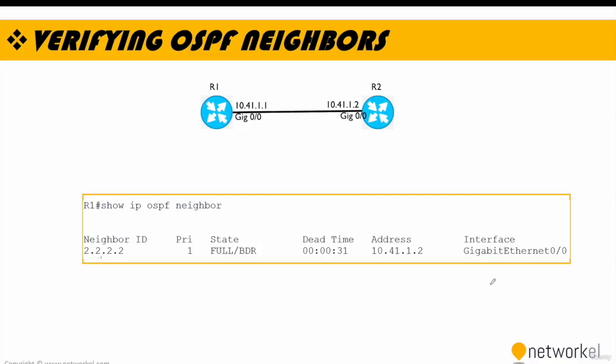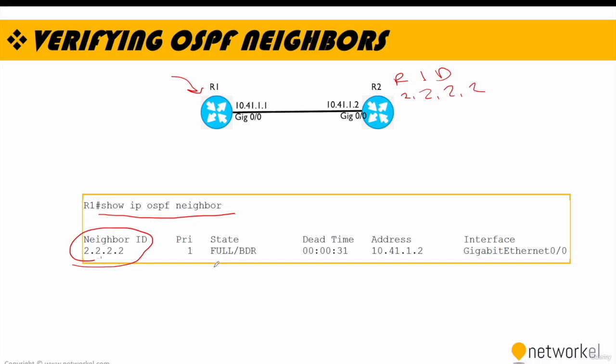So how can I verify the OSPF neighbors? The command is show ip ospf neighbor. When I type this on router 1, pay attention that I don't see an IP address, etc. I am seeing a neighbor ID. That is the router ID of this router 2, which is 2.2.2.2.